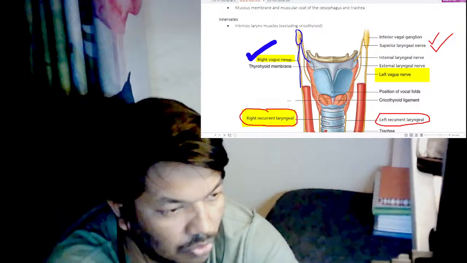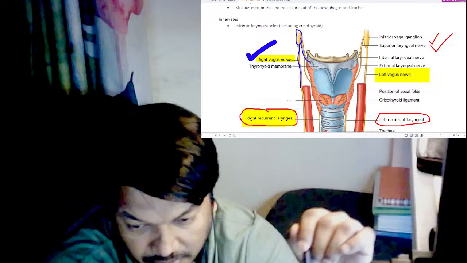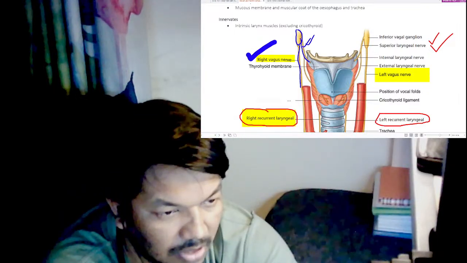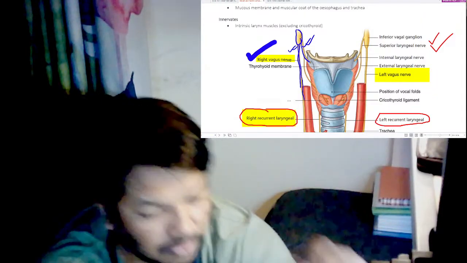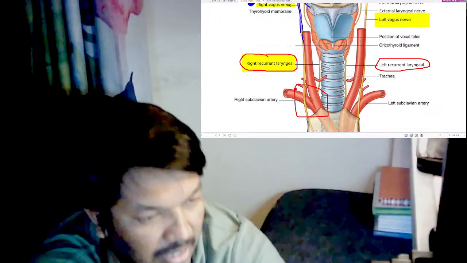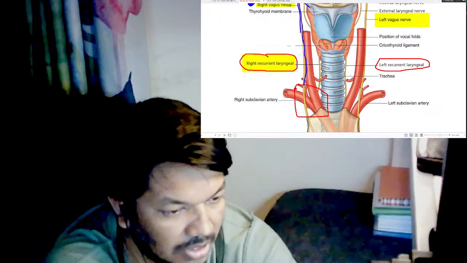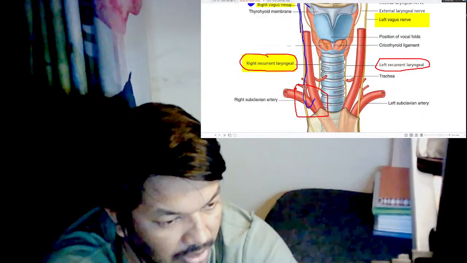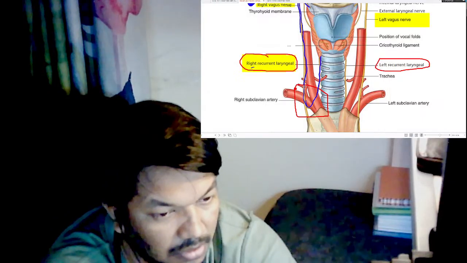Also, we have the superior laryngeal nerve, not artery. So one is the superior laryngeal nerve, another one is the vagus nerve. The vagus nerve comes down, going along with the carotid sheath. In the right side, when it reaches this level, it makes an arch and again goes up.